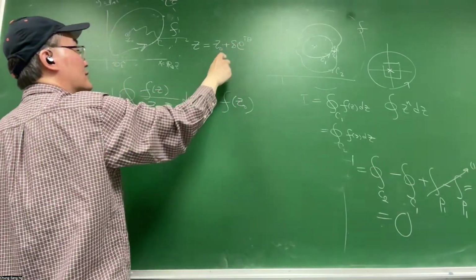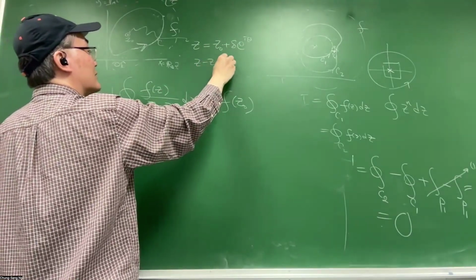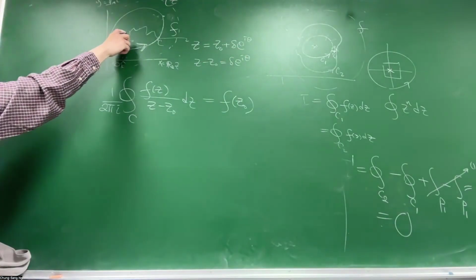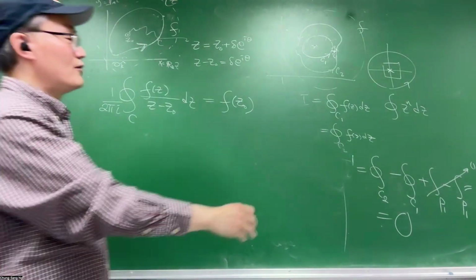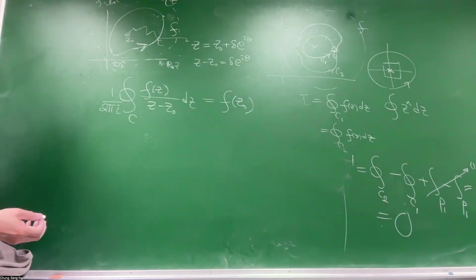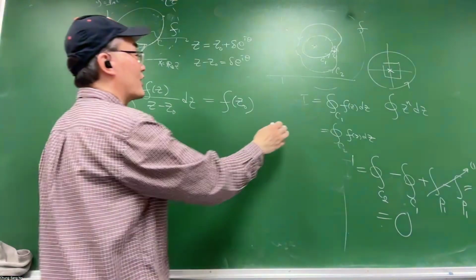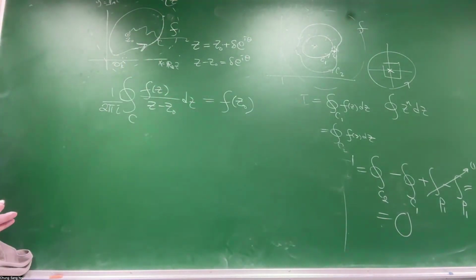We'll let delta go to 0. Or the other way around, c minus c sub 0 equals delta e to the i theta, on this little circle. We deform C to this circle. And we already showed that the integral is unchanged as long as we deform it, not going through a singularity.